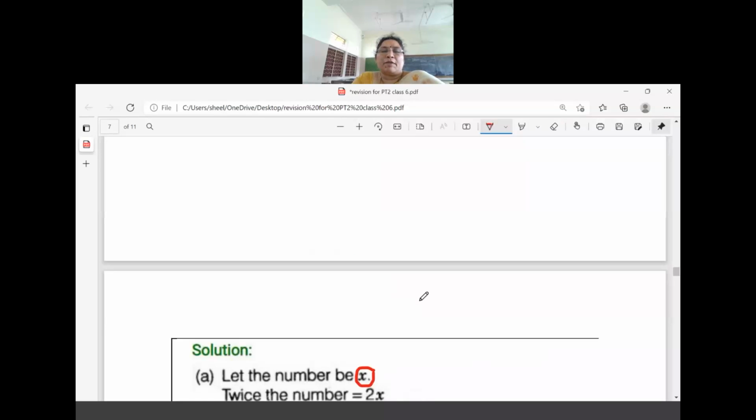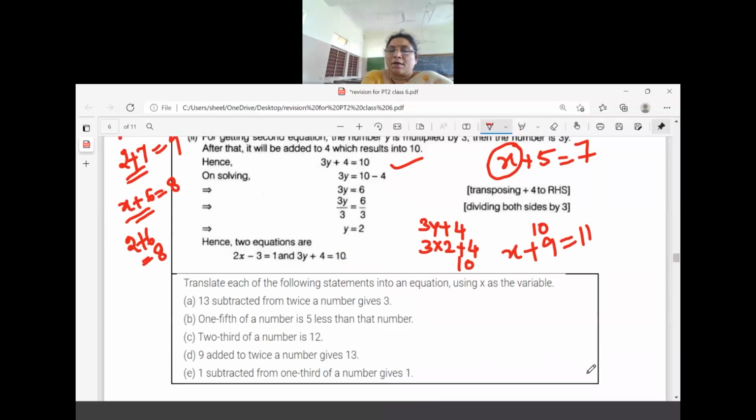I usually told you that when you have the question, there only you convert. The subtraction sign is there, minus 13. Subtracted from means this number should come first. Gives means equal. Twice a number is 2x. What is the operation? Minus 13 gives means equal to 3.